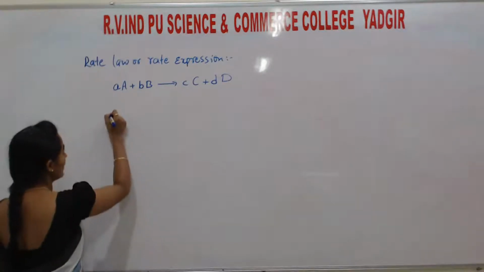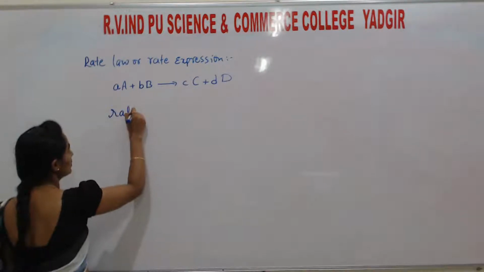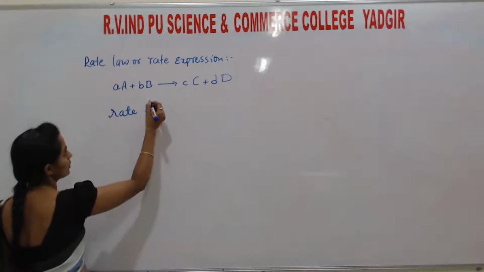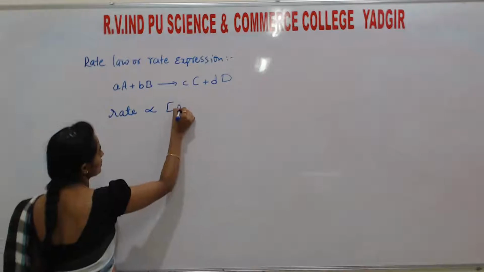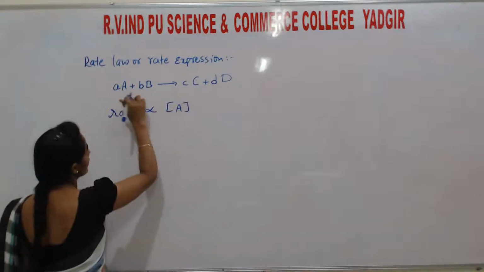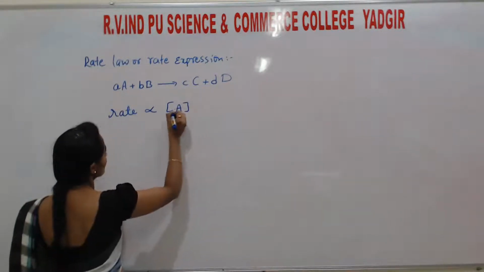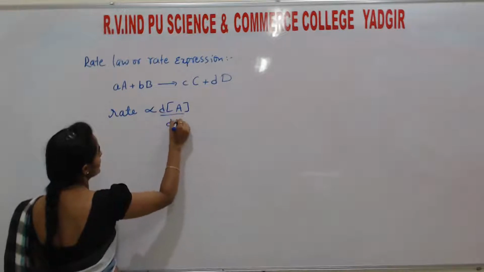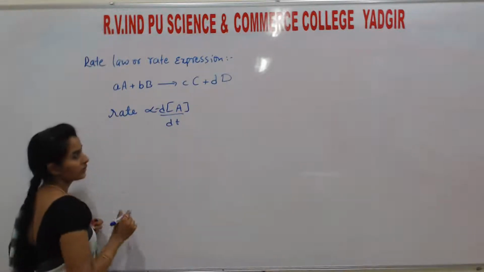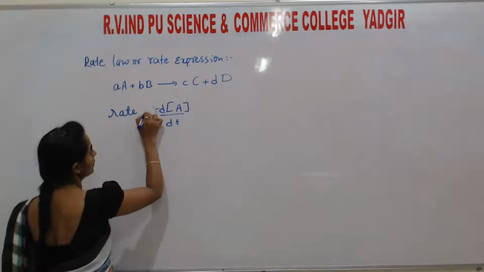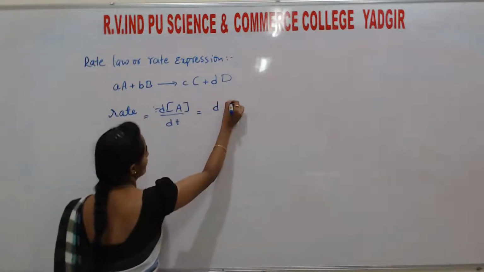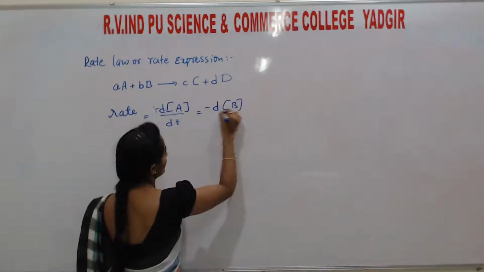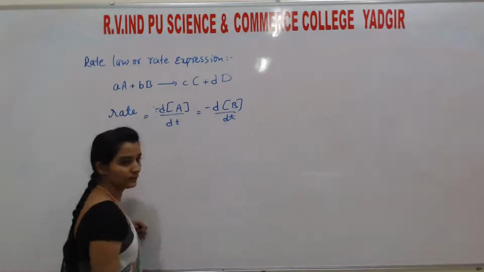Sorry, rate law. So rate is equal to what? Rate is proportional to the change in concentration, minus d[A] by dt, we may take minus. Correct? Rate is equal to minus d[A] by dt or minus d[B] by dt.